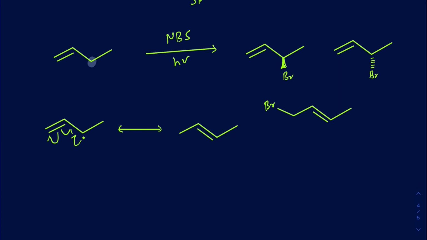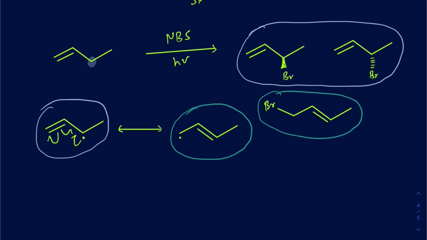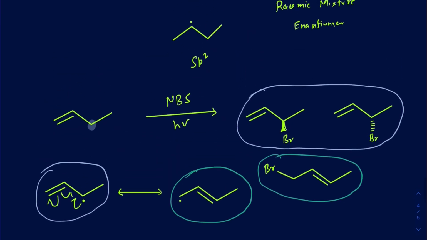So you're going to have a lone pair, you're going to have a radical there. So those two possible resonance structures can make these different products there. So if I use this, obviously this first one is going to be making these two products right there. And obviously if I'm using this second radical there, I'm going to be making this product there. So be able to identify your different possibilities of the products in that particular case.